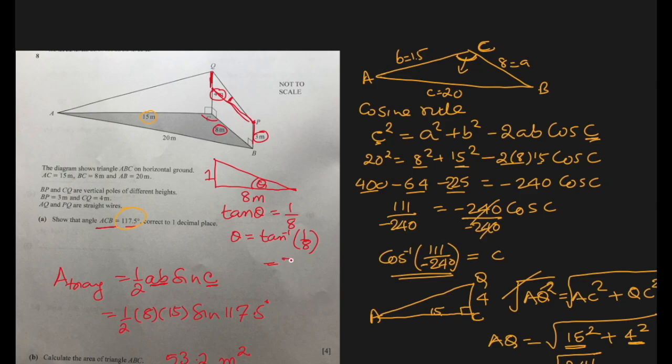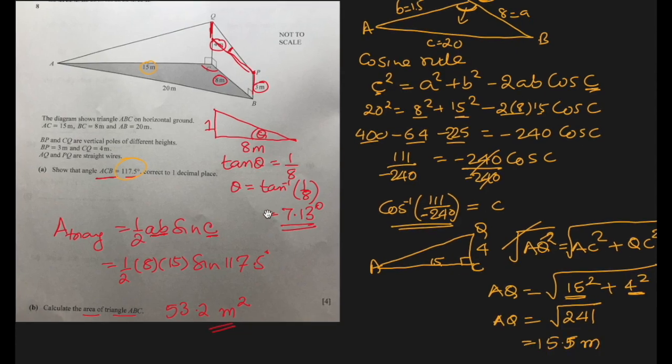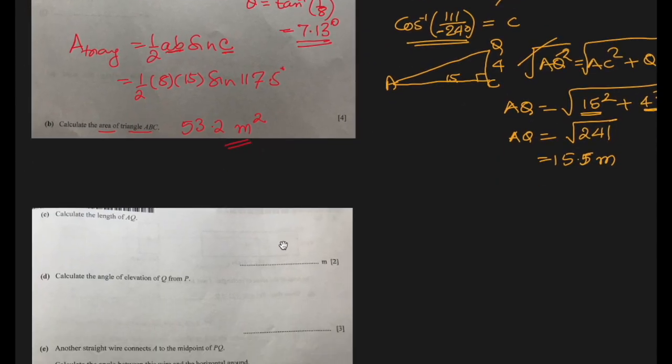So if I want to write 3 significant figures, 7.13 degrees. This is the answer of the part D, 7.13. This was 15.5 meters.